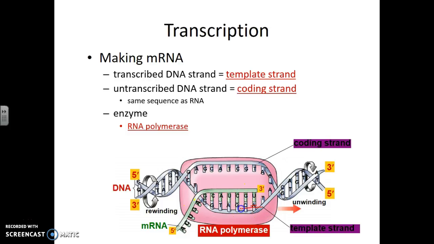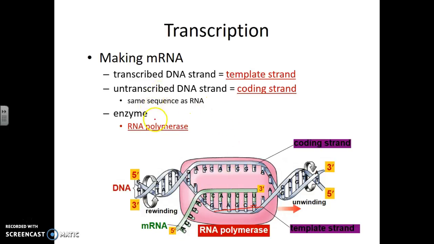This here is the template strand, because it's the one serving as the template to copy the mRNA. The one that is not being transcribed is known as the coding DNA, or the coding strand. It has the same nucleotides as the mRNA that's being made, except that T is U in the mRNA.